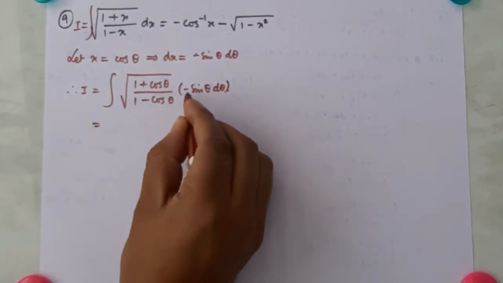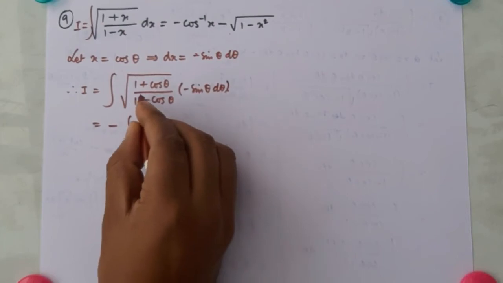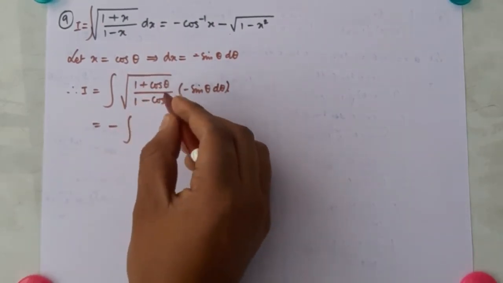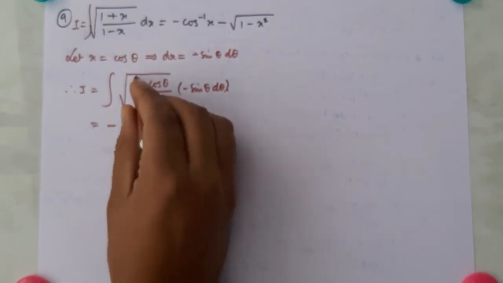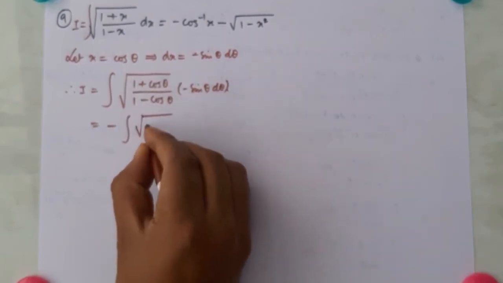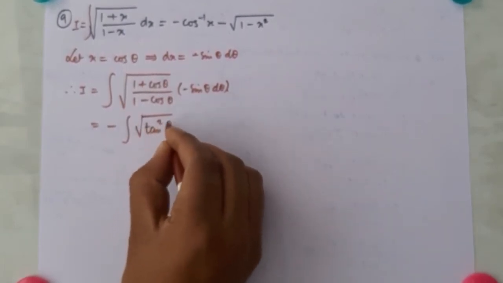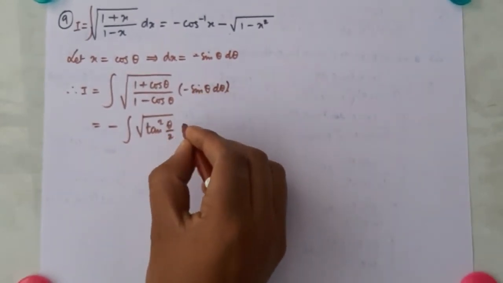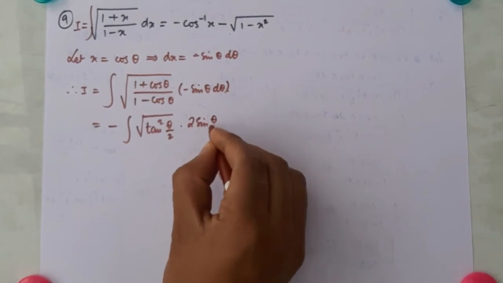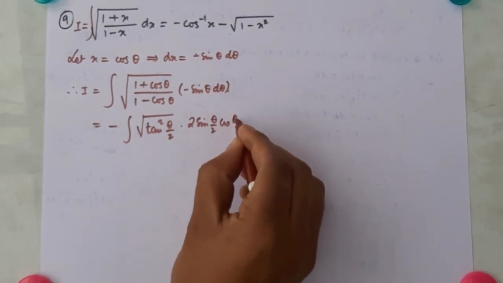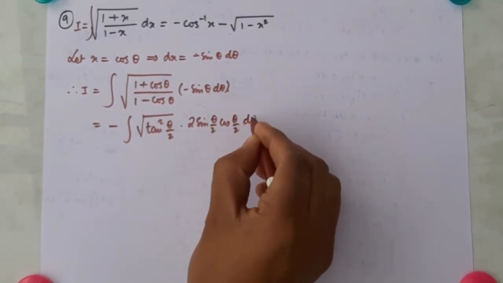Now this negative will be kept outside. All of you know that this is tan square theta by 2, isn't it? So square root of tan square theta by 2. And this sin theta can be written as 2 sin theta by 2 cos theta by 2 d theta.